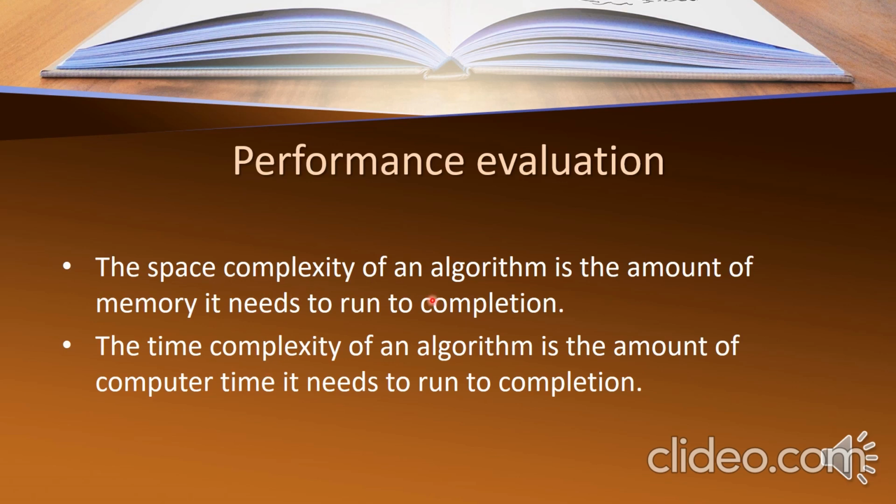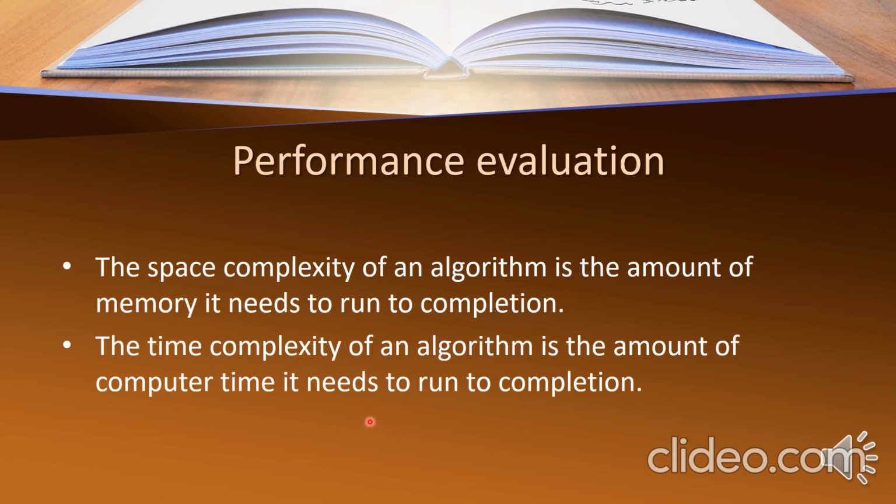The space complexity of an algorithm is the amount of memory it needs to run to completion. So here you are more interested in the utilization of memory by the algorithm. The time complexity of an algorithm is the amount of computer time it needs to run to completion.